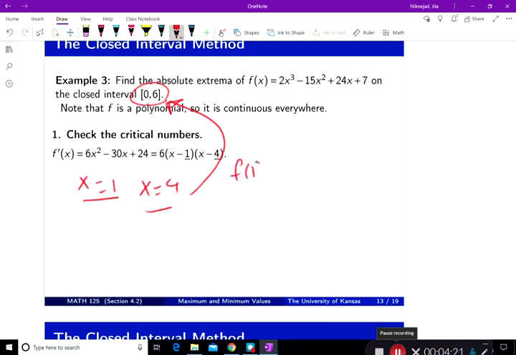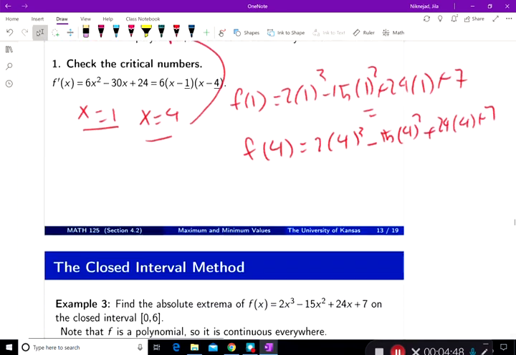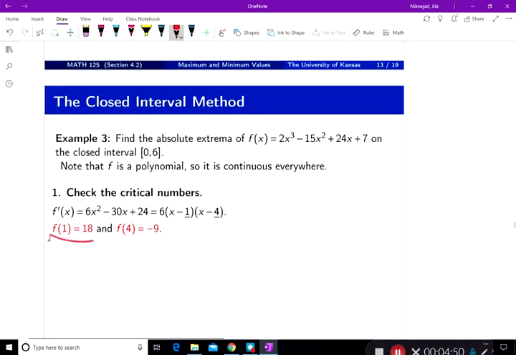I write f of 1 equal to 2 times 1 to the power 3 minus 15 times 1 to the power 2 plus 24 times 1 plus 7, and I compute that. And then I find f of 4, which is 2 times 4 to the power 3 minus 15 times 4 to the power 2 plus 24 times 4 plus 7. Then f of 1 is going to be 18, f of 4 is going to be negative 9, and those are the two values that I evaluated.